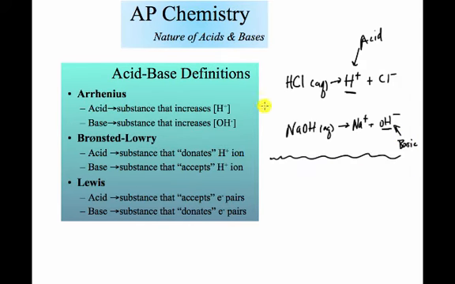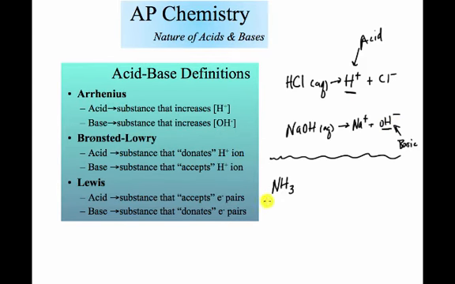But the problem is that it was very limited, because bases are bitter, they turn litmus paper blue, and they react with acids and neutralize them. You should know that neutralization is when these two come together to make water, which neutralizes the acid property and the basic property if they're at the same concentration. We talked about this in the first semester, or first quarter.